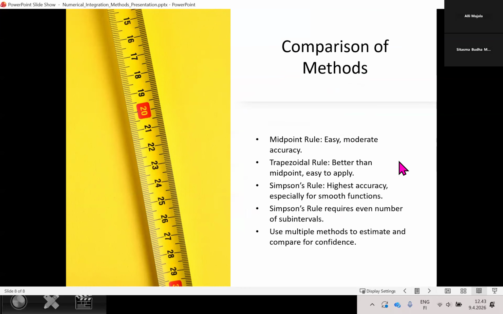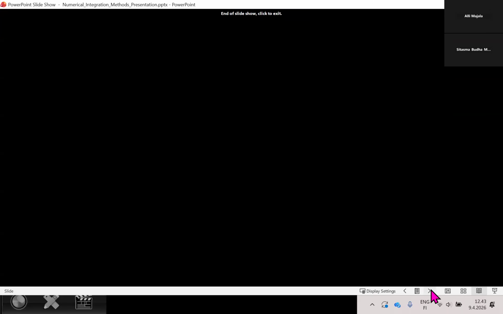And here's a comparison, but we use Simpson's rule. We don't need to. There are other methods as well. So it was the midpoint rule, trapezoidal, and the Simpson, I guess, is the best.